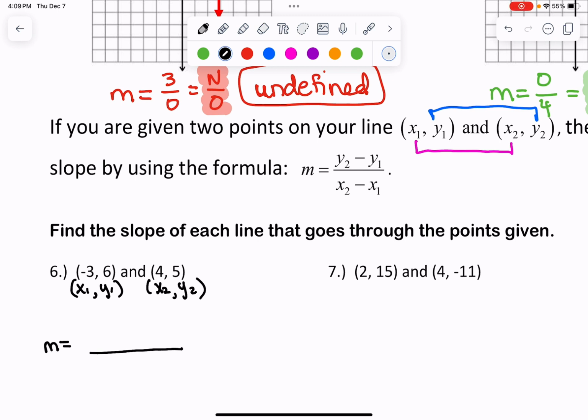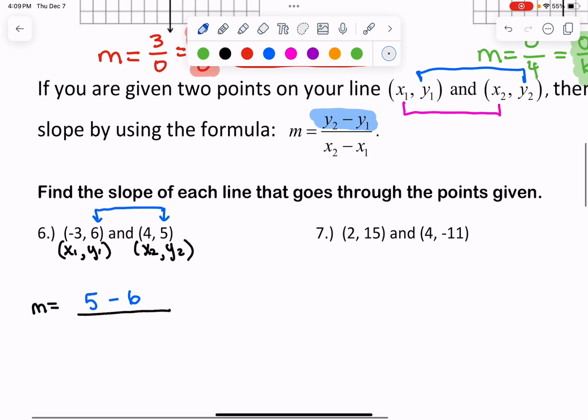On top, we start with the difference of our y's: y2 minus y1. We start with the second y, which is 5, minus the first y, which is 6. So the difference of the y's goes up top.